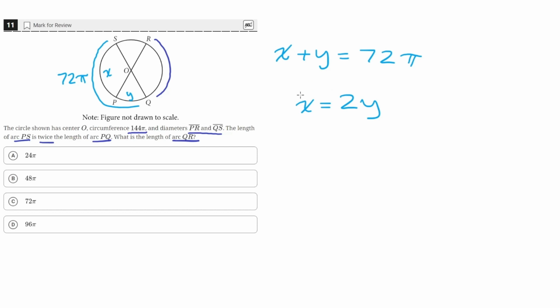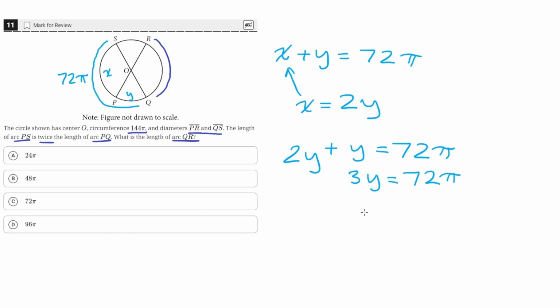So if we plug in 2y as x, and then the rest of the equation, we can solve for y. So 3y equals 72 pi. And so 72 divided by 3 is equal to 24 pi.